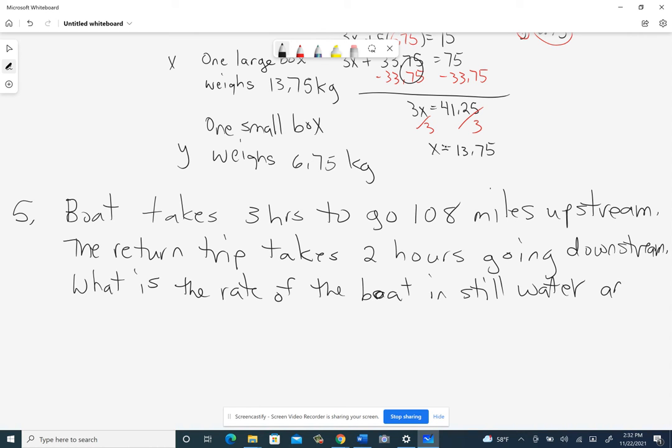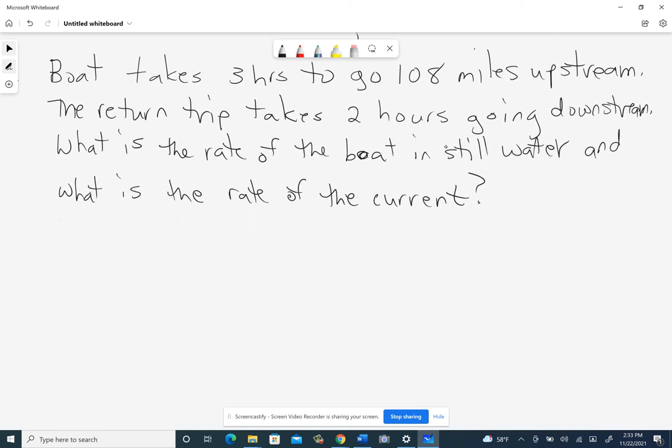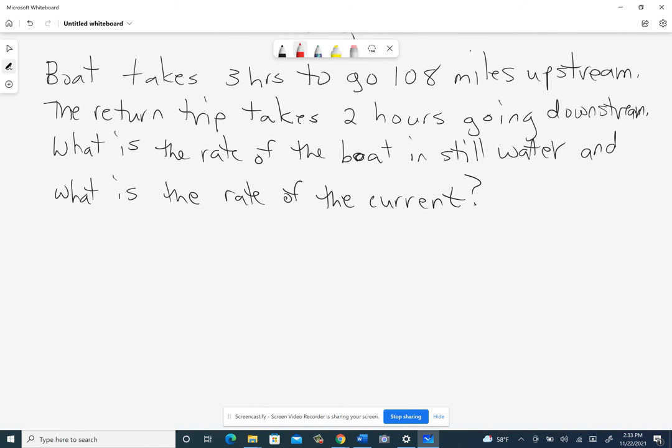And what is the rate of the current? Okay. And it's that last sentence that kind of tells you what to let your variables stand for. So the rate of the boat in still water and the rate of the current is what we're going to let our X and our Y represent.